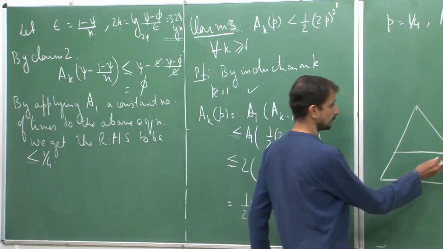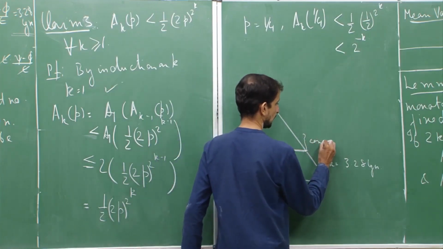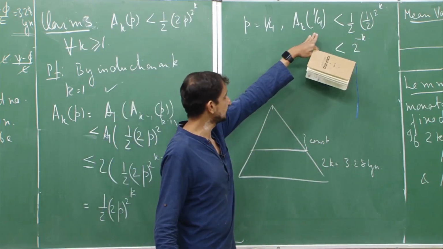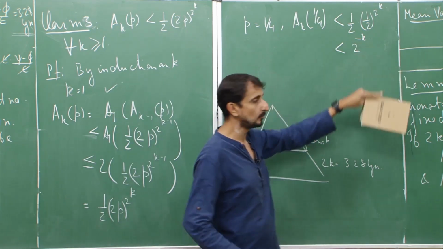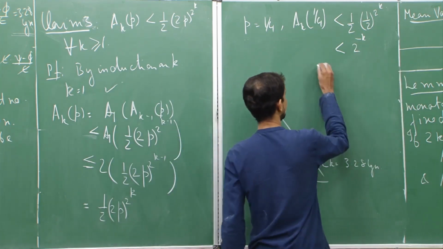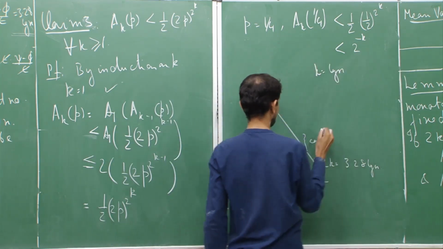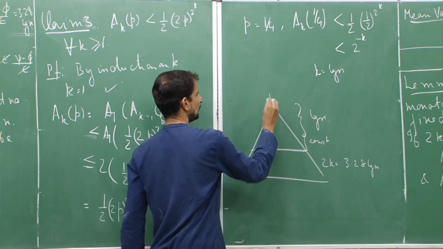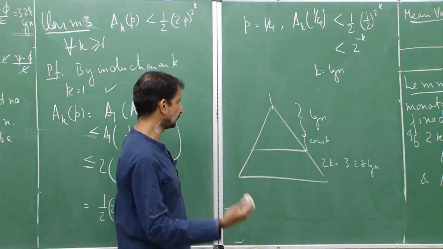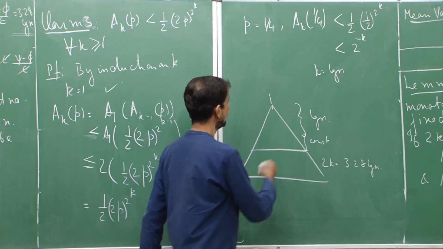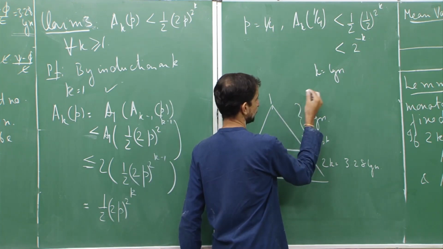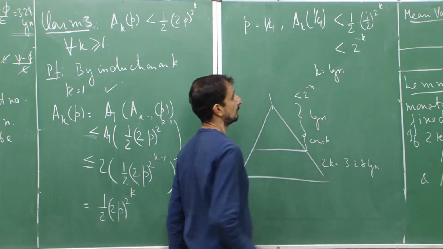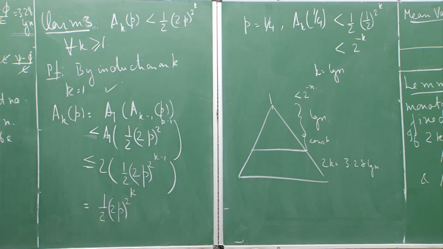Next, I said that some constant many layers, I get it to be less than 1/4. And now, I am showing that if I start at 1/4, and I choose k to be another log n many layers, I will get the probability that this outputs 1 as being less than 2 to the power minus n, if I take k to be log n.